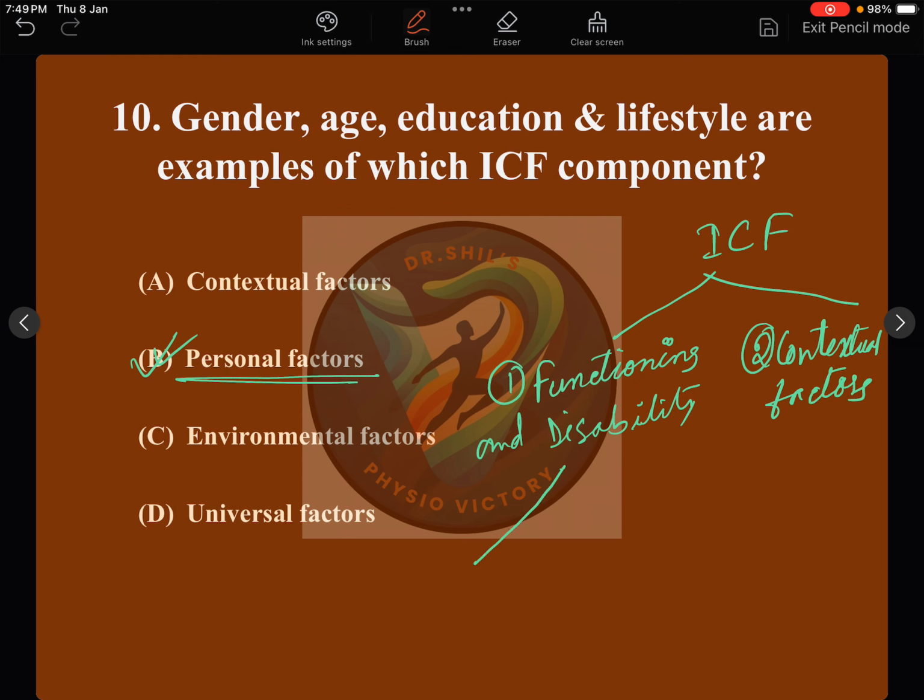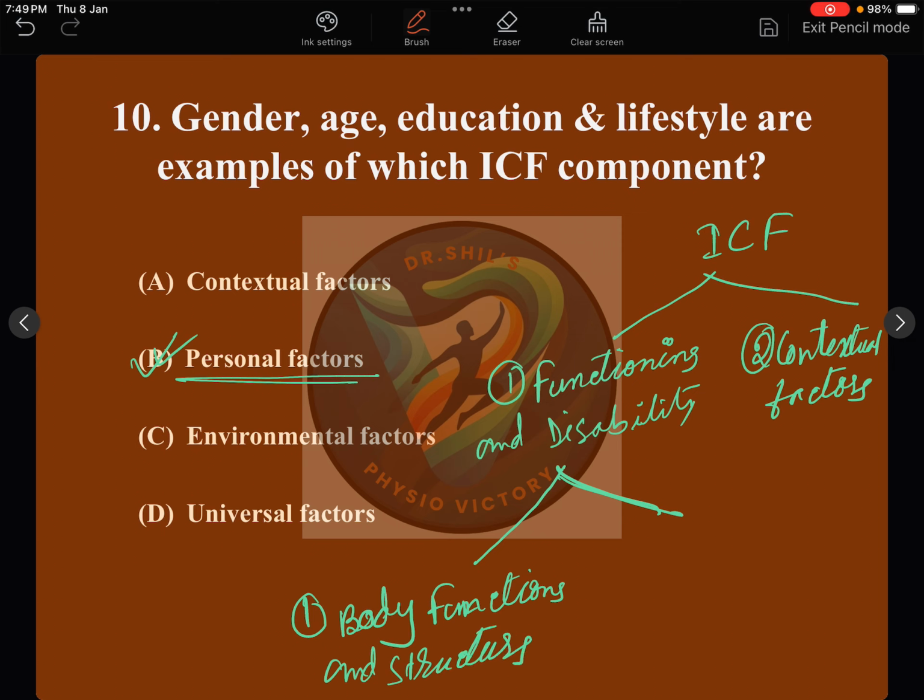Now, this functioning and disability is divided into two parts. One is body functions and structures, and two is activities and participation.